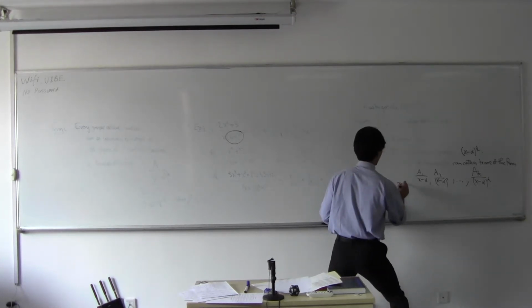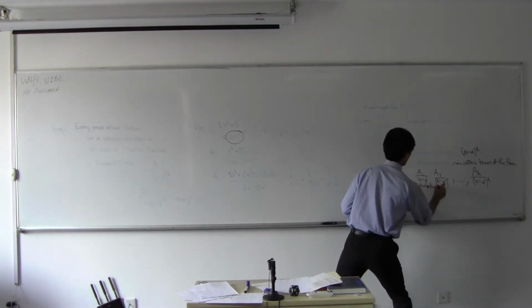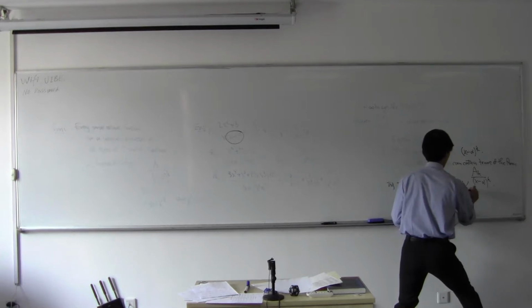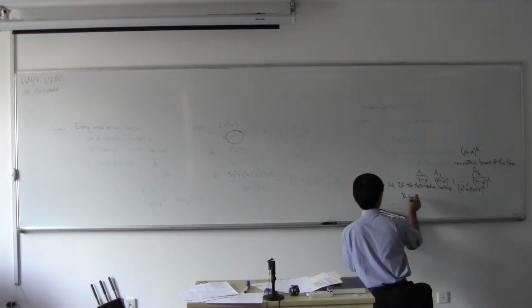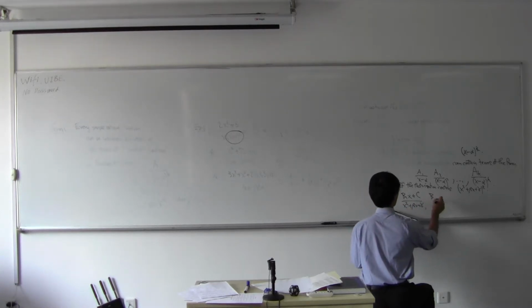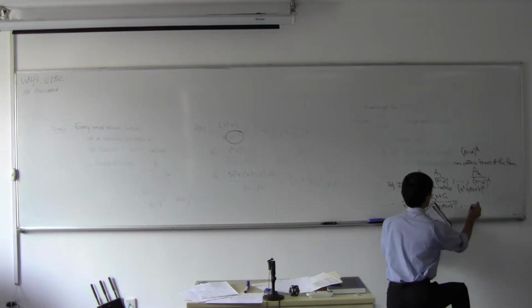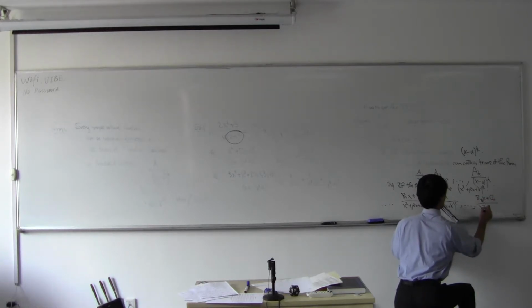Similarly, right, if the factorization contains the quadratic guys, (x squared plus beta x plus gamma) to the k, then you could have things that look like (b1 x plus c1) over (x squared plus beta x plus gamma), (b2 x plus c2) over (x squared plus beta x plus gamma) squared, up to the kth power, (bk x plus ck) over (x squared plus beta x plus gamma) to the k.